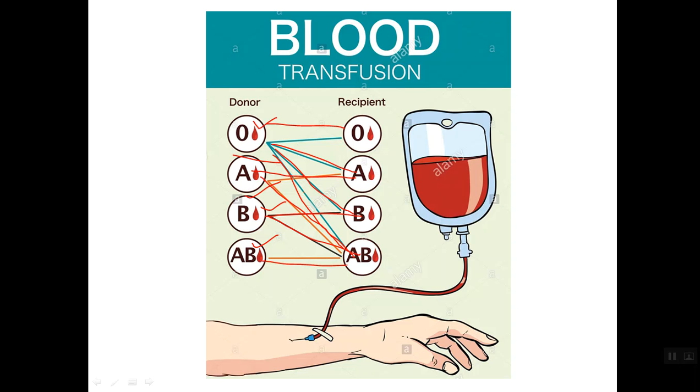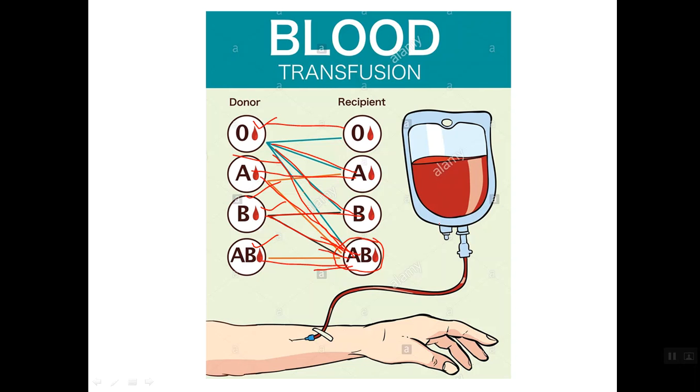But when you check the chances for the AB blood group recipient, they can receive blood from O, from A, from B, and from AB blood group individuals.